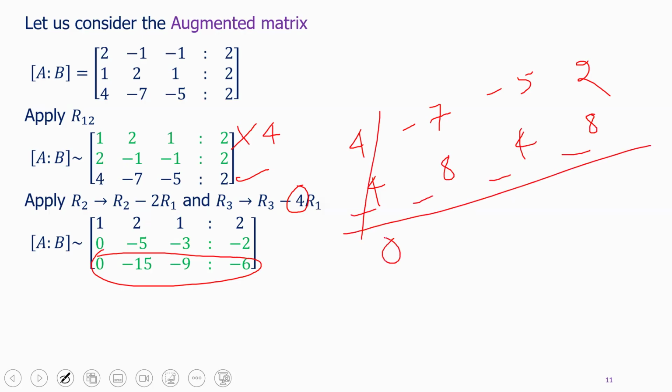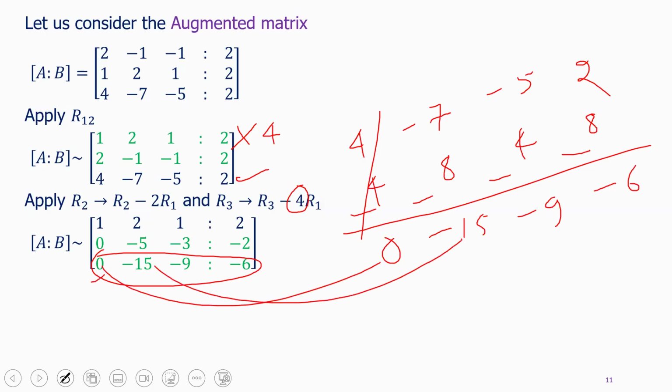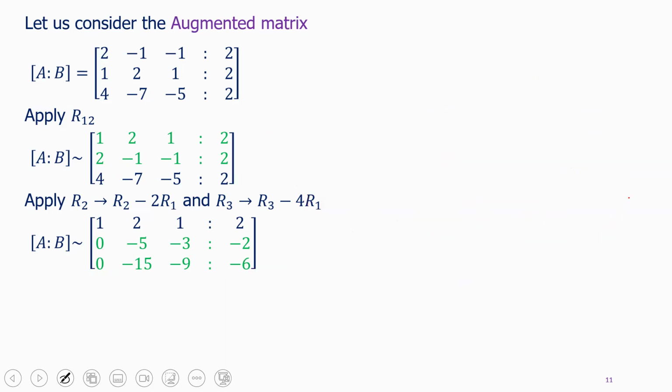This is 0, minus 7 minus 8 is minus 15, minus 5 minus 4 is minus 9, and 2 minus 8 is equal to minus 6. So just look here: 0, minus 15, minus 9, and minus 6. In this manner, we can apply the row operations and reduce the given matrix into this form, where below A11 these two elements are 0.